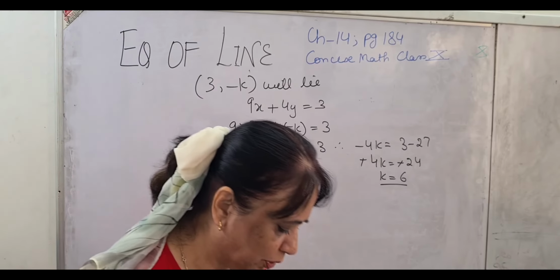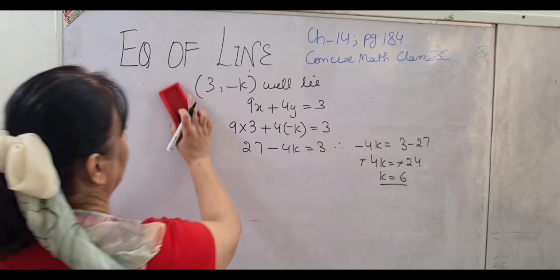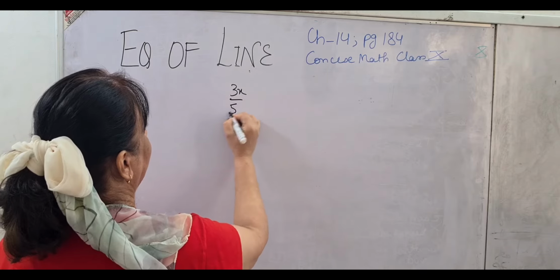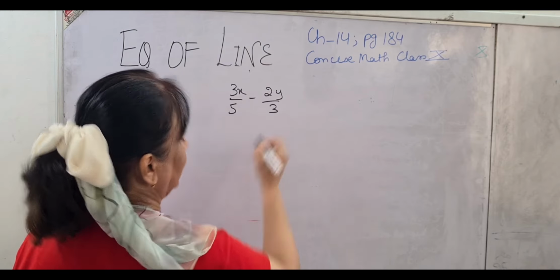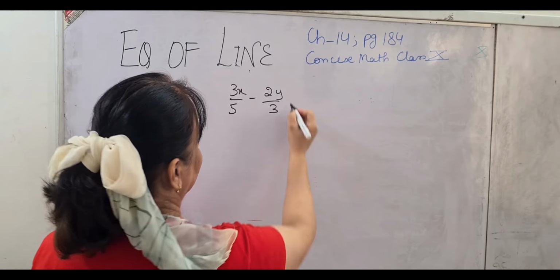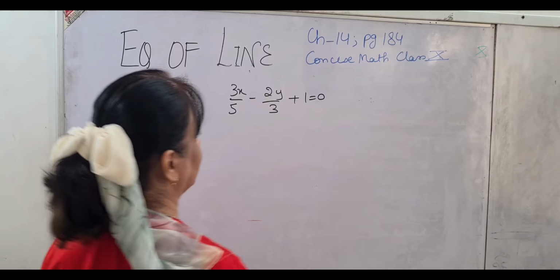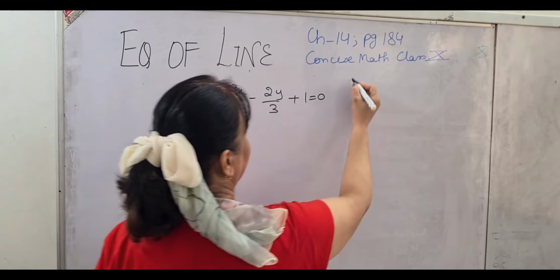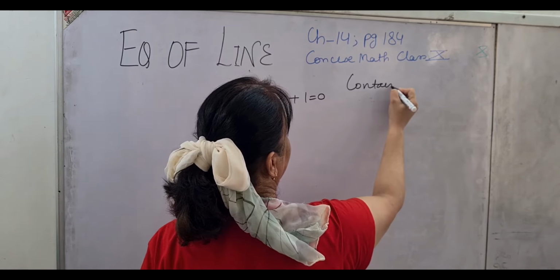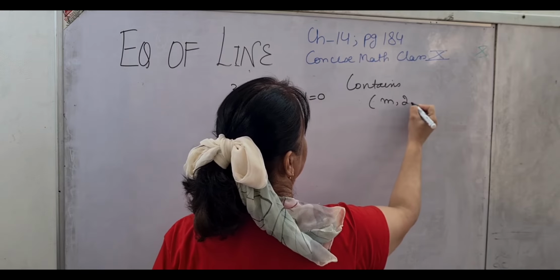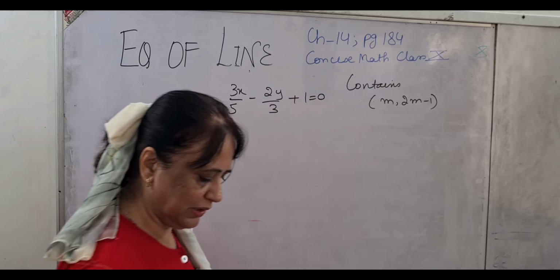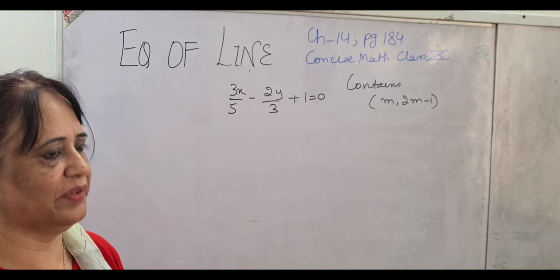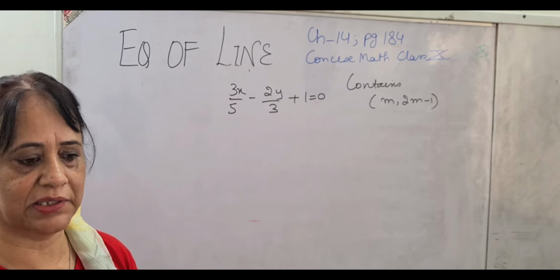The line 3x upon 5 minus 2y upon 3 plus 1 is the equation, and the question, page 185, says it contains the point m and 2m minus 1. The word contain is used now. This means that the line already contains the point. You don't have to prove it now.